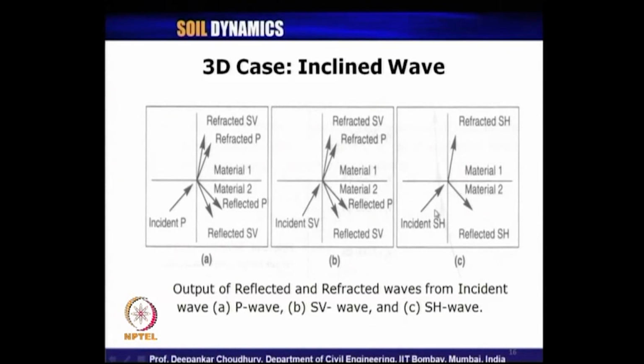And when it is an incident SH wave, in that case we have seen that the reflected wave in the same material is an SH wave and the refracted or transmitted wave is an SH wave in the other media. If you look at it, this is our angle of incidence, the angle with respect to the vertical with which the incident wave is hitting the junction.